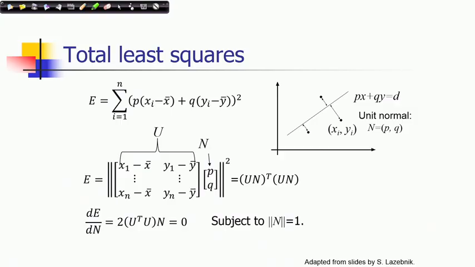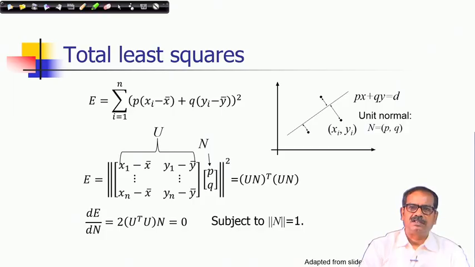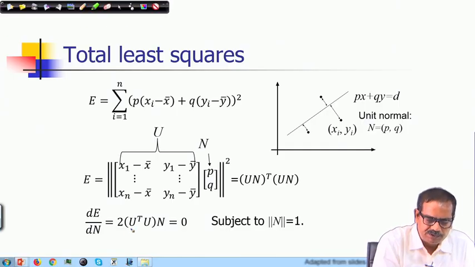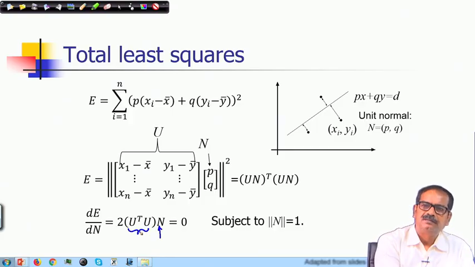So, if I differentiate E with respect to n, we get this relationship that U transpose U n should be equal to 0, subject to the magnitude of n, which is p and q, being equal to 1, because that is the constraint we have put. As you can see now, this is giving you a set of homogeneous equations. In fact, if I consider U transpose U as a matrix, then n is the null vector of this matrix. So, you have to find the null vector of U transpose U. You can do it in various ways.